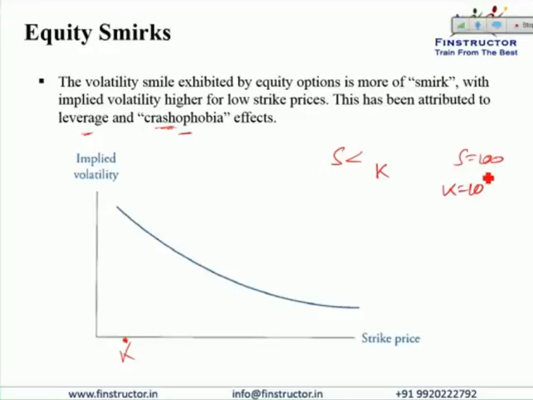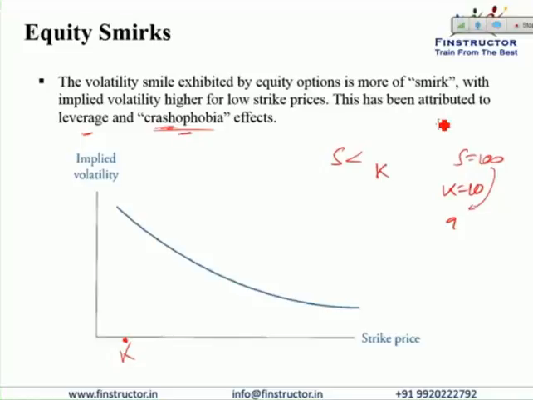The reason is that market participants fear that this 100 to 9 can actually happen. Stock can crash massively because they've seen that happen in the past. So they won't just write that option and give it to you for free or for a very low price. They're charging a slightly higher price for this risk of a crash.